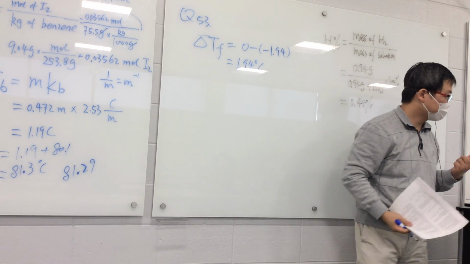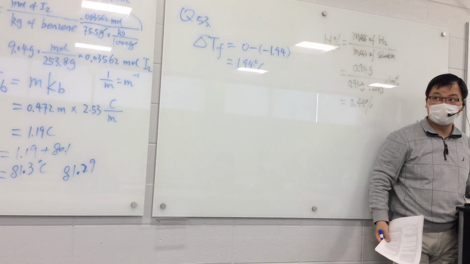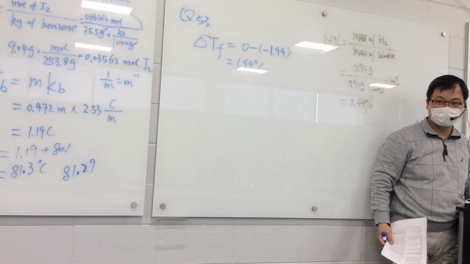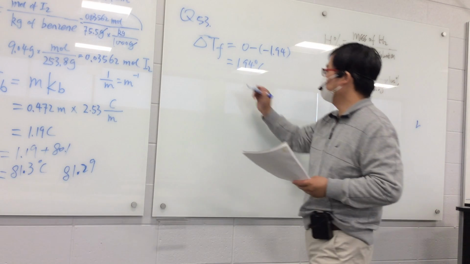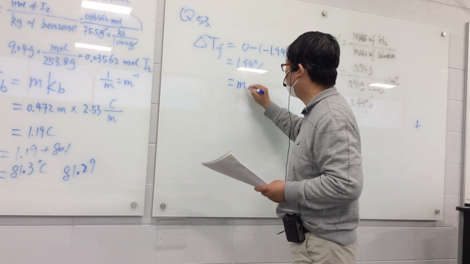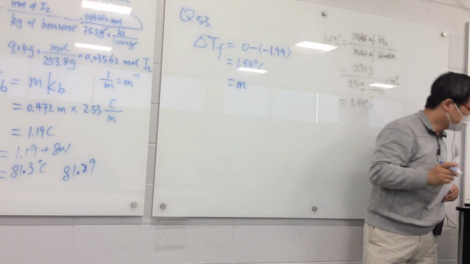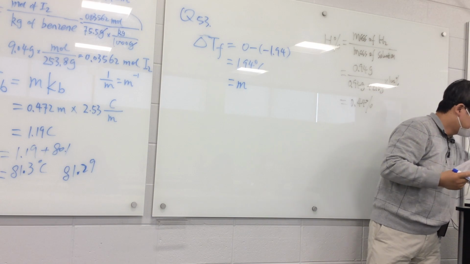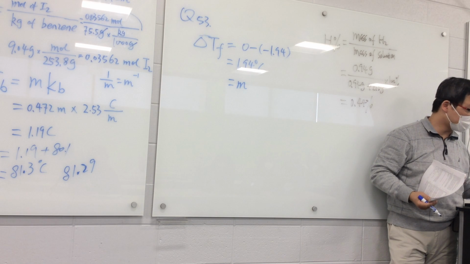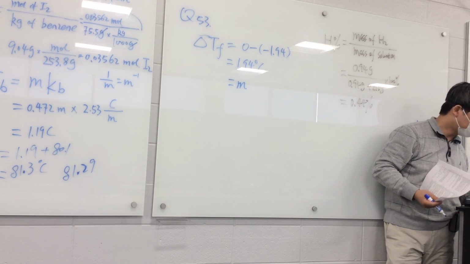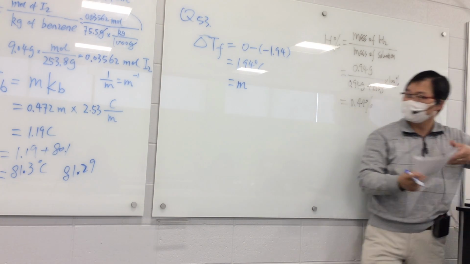So this is the freezing point depression value, right? And then this equals the molality of the solute times the water's freezing point depression constant, which is how much? 1.86, right? You see that?